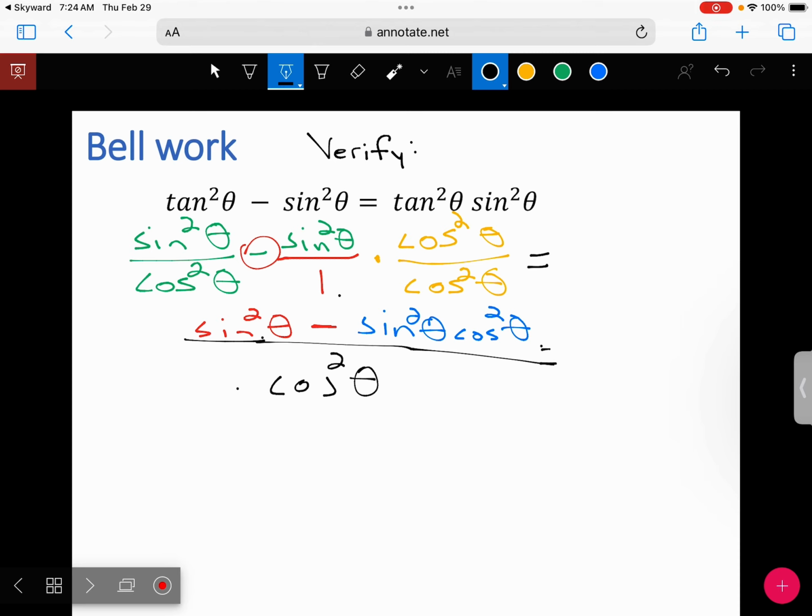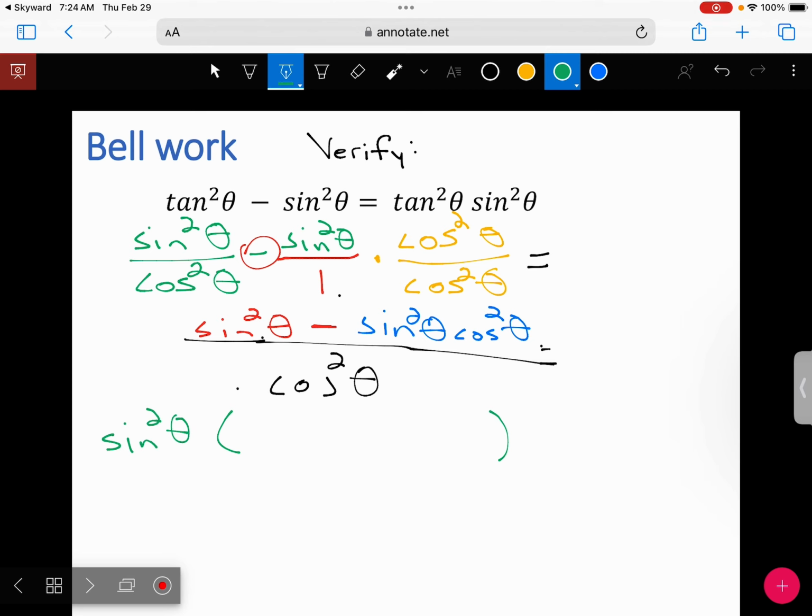What we can do is see that both terms in our numerator have a sine squared. They have a common factor. So when we see that, we can factor out a sine squared theta. Whatever our GCF is, we divide each term by it to see what's going to be inside our parentheses.